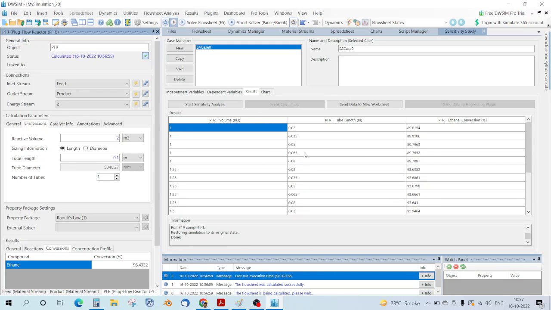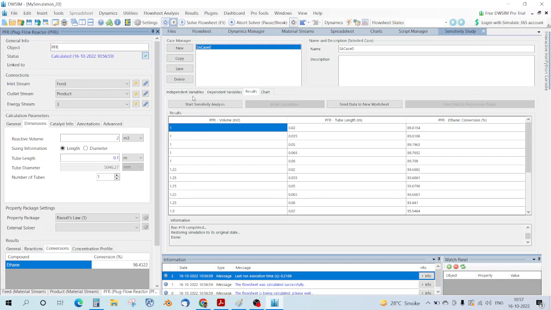So let me break it, and if we see, the PFR volume is 1, and as we increase the tube length, you can see the conversion is decreasing. So we should actually increase the tube length, but as we increase the PFR volume, the conversion is high.